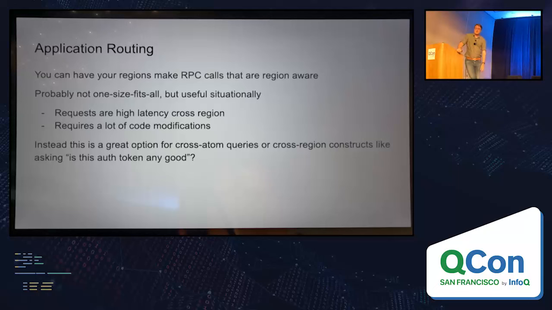OK. You could have your regions be able to talk to each other. That's actually a pretty good idea. When you have these regions, they are able to make calls. So again, you're going to come into the idea of trust between the regions.